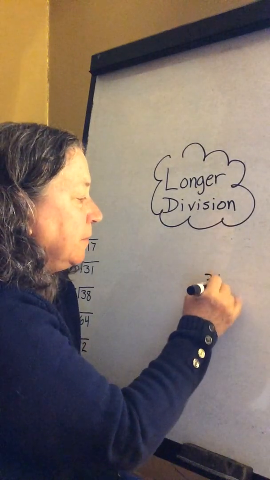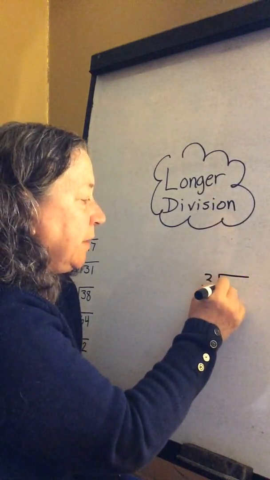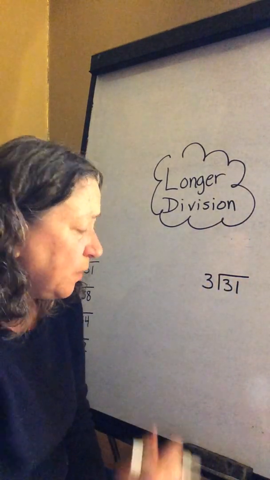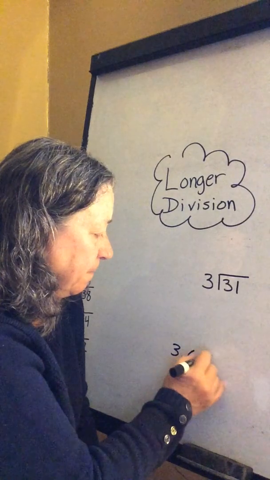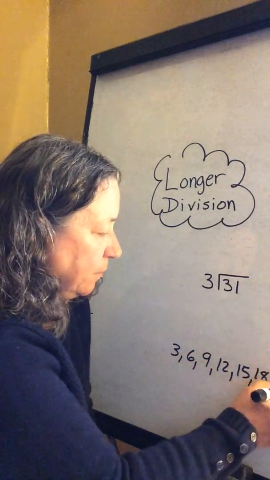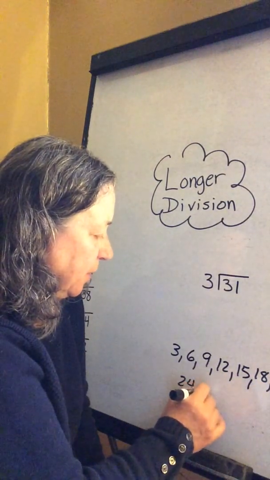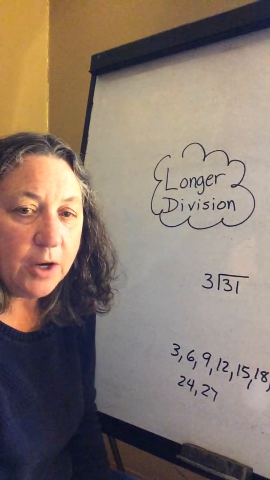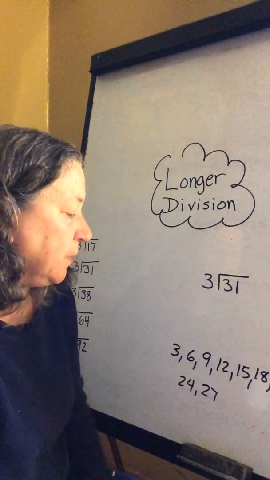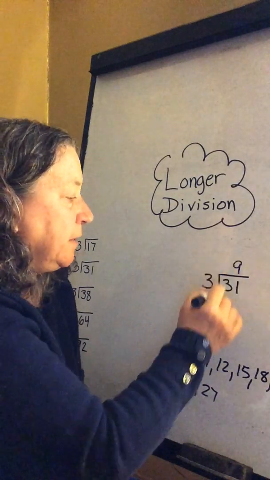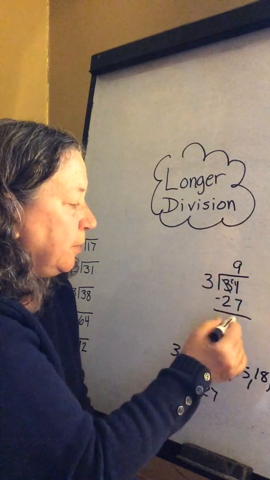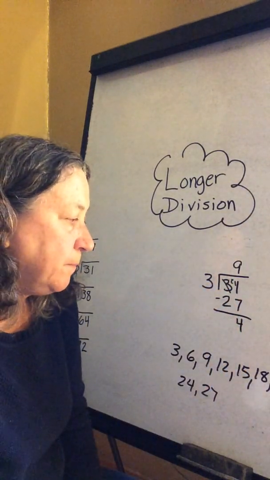Let's have 3 into 31. So this one, we would write our multiples of 3. 24, 27. Now boys and girls, if you stop at 27, then we could do the problem like this. 3 times 9 is 27, and we would have to regroup, and we'd have a remainder of 4.